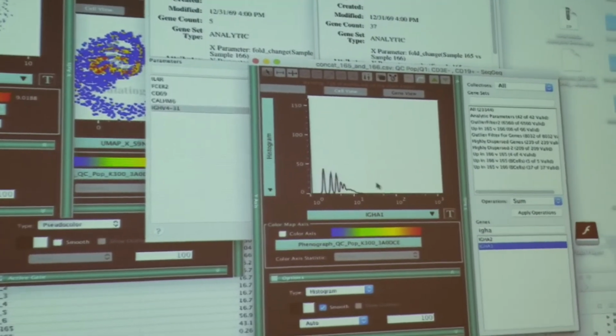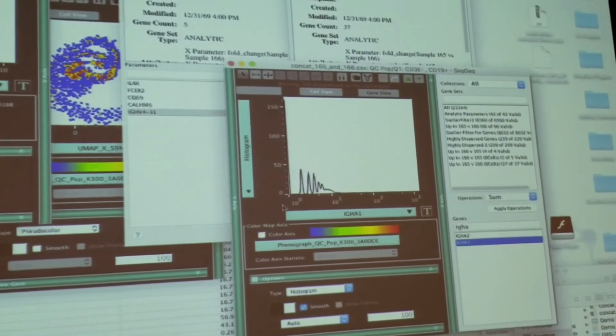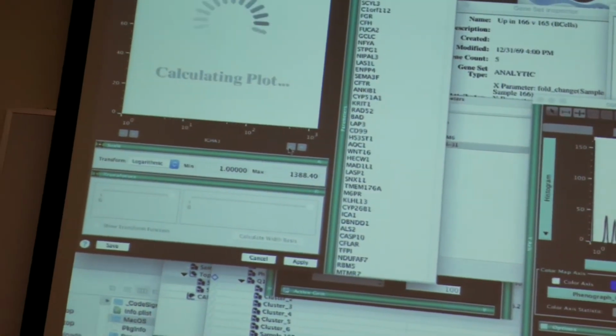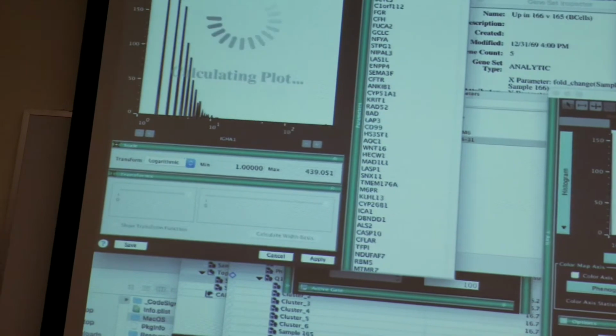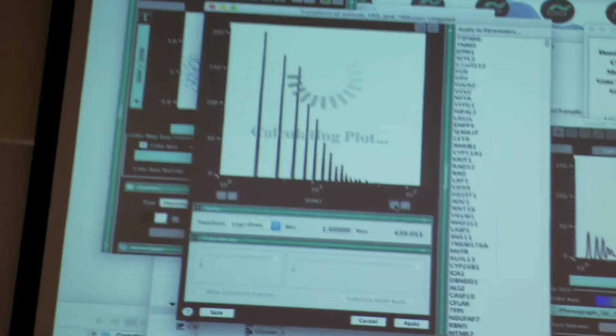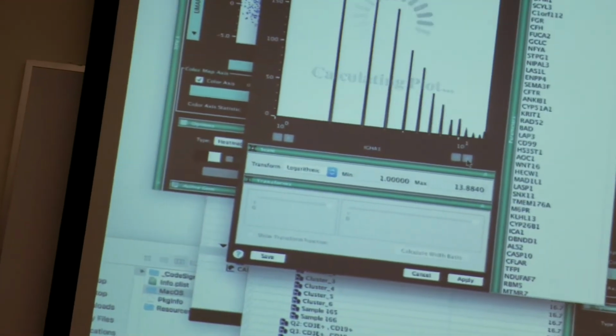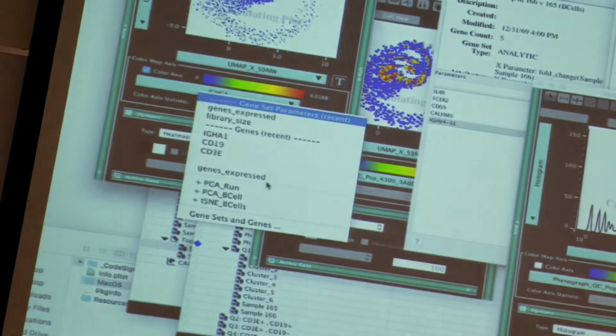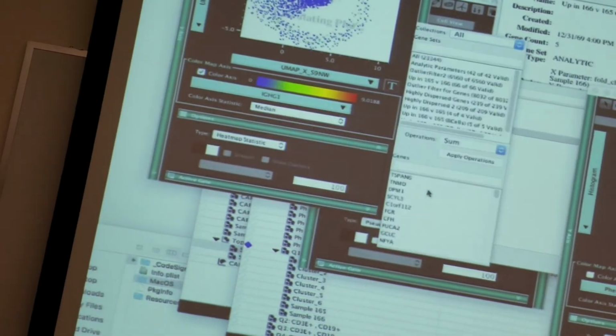I didn't really want A, because we know it's gamma. Might be too far. Oh, that's fine. And then make sure I color map by the same gene.